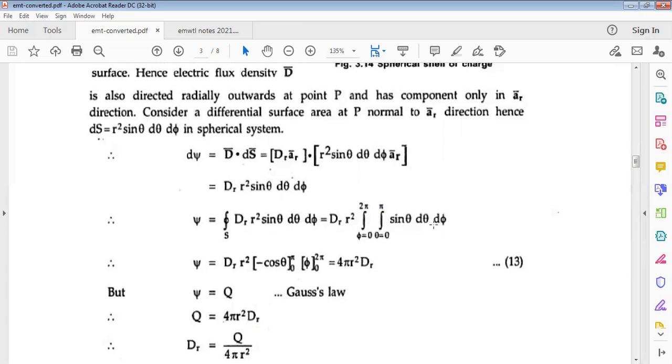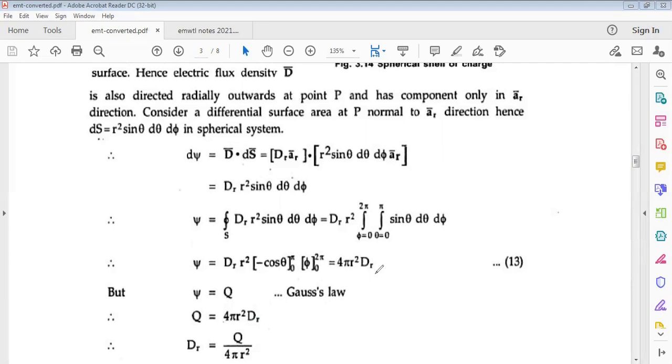So sinθ dθ dφ. The integral of sinθ is minus cosθ, with θ from 0 to π, and the integral of dφ is φ, from the lower limit 0 to the upper limit 2π. Substituting, cos π is minus 1, minus into minus is plus, and cos 0 is equal to 1.